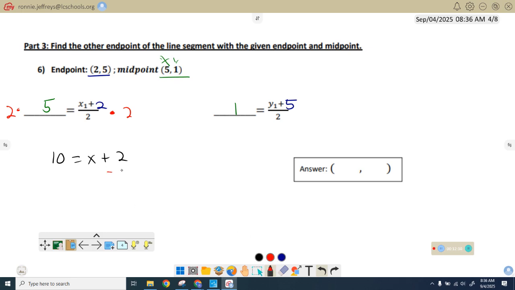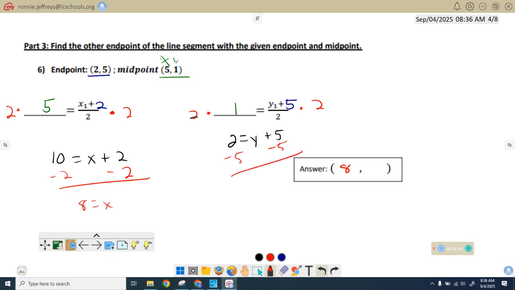And then I would subtract. So I would get 8 for my answer right there for X. Same process, just different numbers over here. All right. Bing, bang, boom.